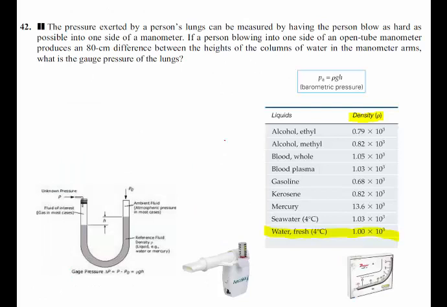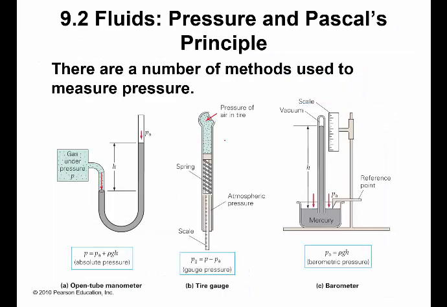So here we have a problem. We want to know the pressure exerted by a person's lungs, which can be measured by having the person blow as hard as possible into one side of a manometer. What's a manometer? It's basically this right here.